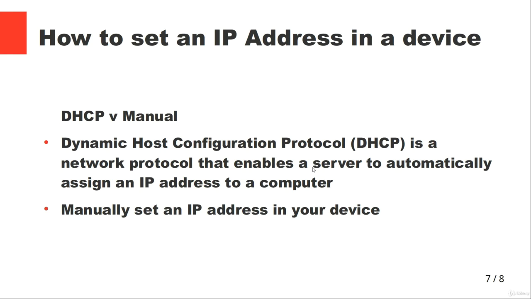If you connect your camera, DVR, NVR, or computer to the network, and that device is set to DHCP, the moment it connects, the router, or some other DHCP server, but in most cases it is the router, will detect this device and assign it an IP address, and the device will accept it.